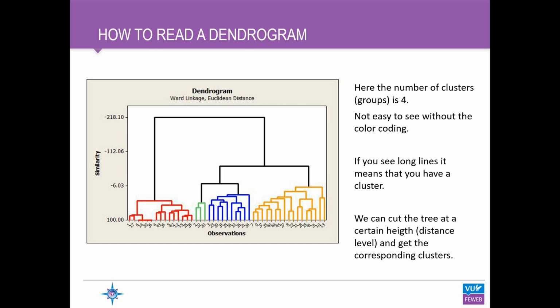When you look at the bottom line, you see that all the observations are in their own cluster. Some are clustered together very quickly, right? These are the first observations that are clustered, so they are very close together, with a very low distance.